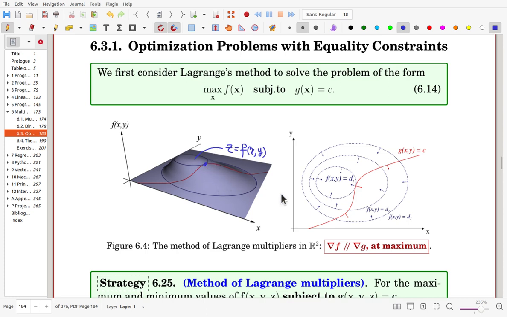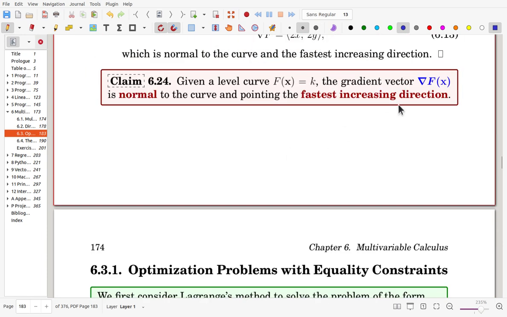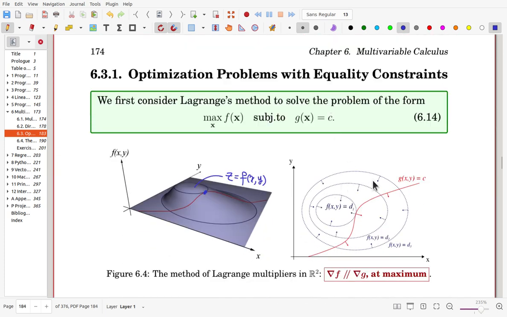Now look at this contour plot. This one is a contour with D1 a large value, D2 would be smaller, and D3 is a small value. Along these contours, we already know that the gradient of f is normal to the curve and pointing in the fastest increasing direction, so these arrows are the gradient directions along the contours.